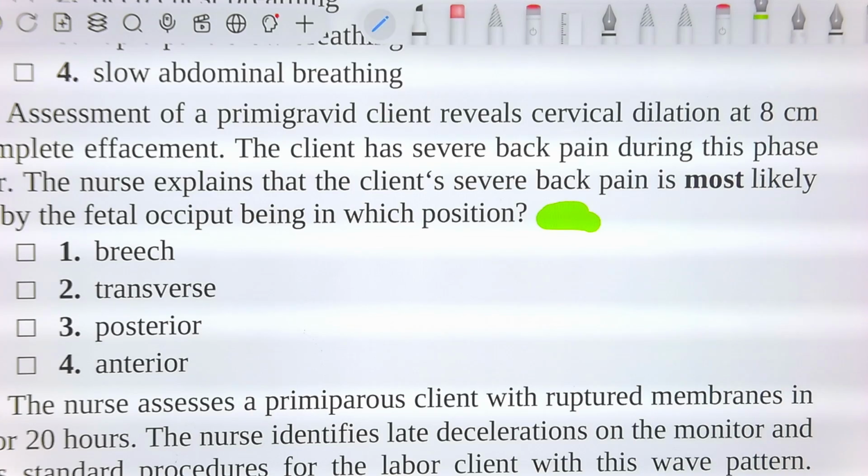So which position causes severe back pain? That is the posterior position. So answer number 3 will be the correct answer. When the baby is in occiput posterior position, the mother will have more pain.